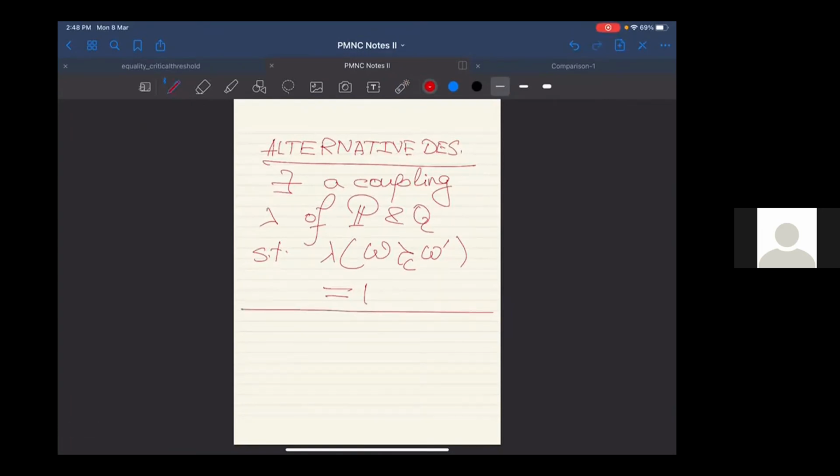Now you can hope that one way these two models would be comparable. So for example, let's ask whether this phi bigger than or equal to h stochastically dominates some Bernoulli percolation with some parameter p(h).